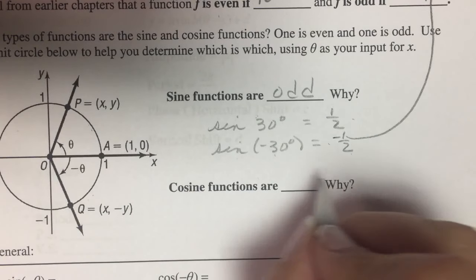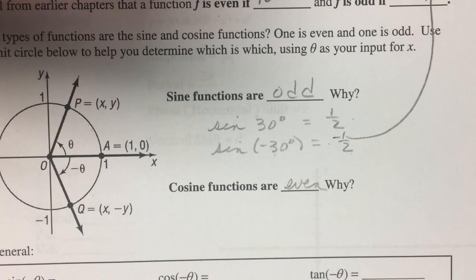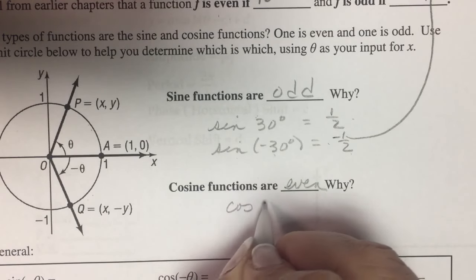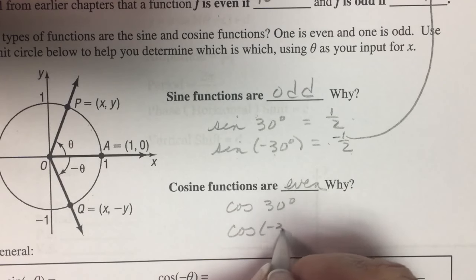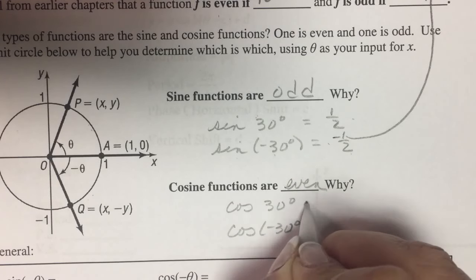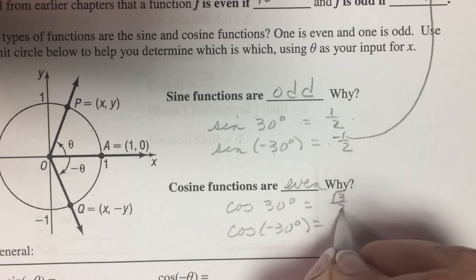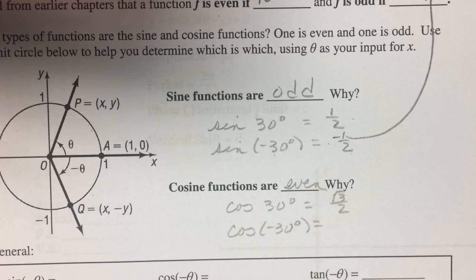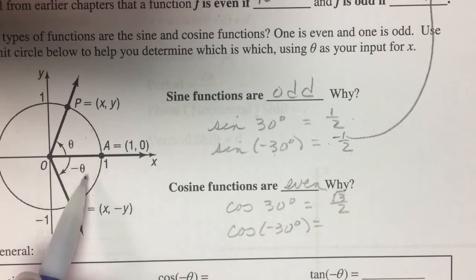Cosine functions are even because if I do basically the same thing, if I find the cosine of 30 degrees and the cosine of negative 30 degrees, well, the cosine of 30 degrees is root 3 over 2. It's positive in the first quadrant. Oh, remember, cosine is also positive in the fourth quadrant.